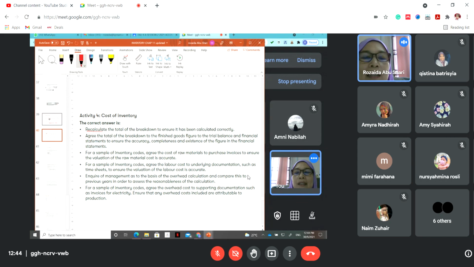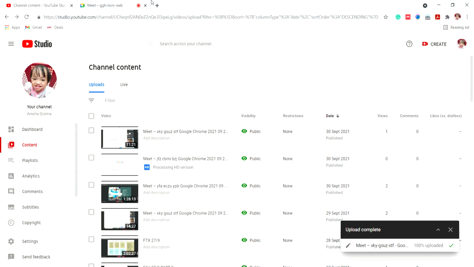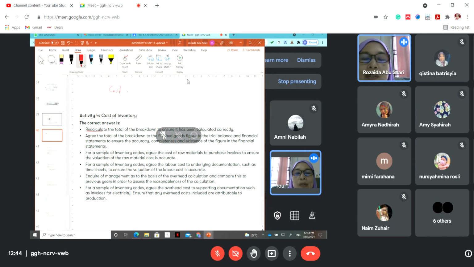Remember, we are now looking at cost. So we want to look at whether the cost stated is at a correct valuation. Cost versus NRV. So this is the cost.